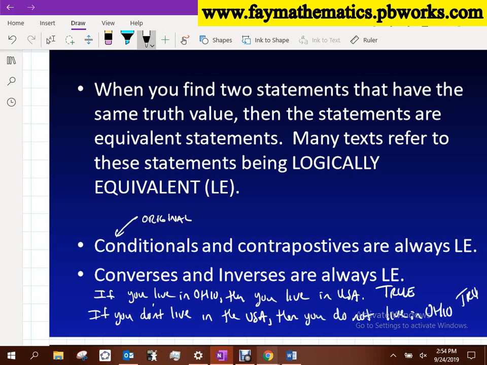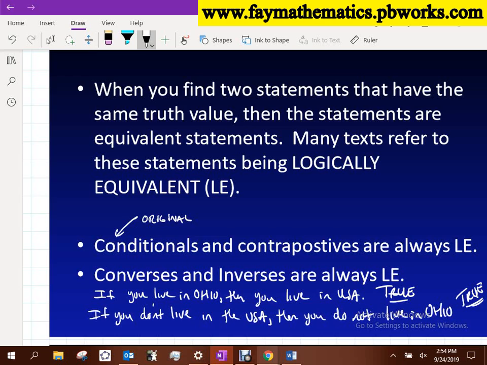Would you agree that that is also true? If you don't live in the USA, there's no way you live in Ohio, right? I knew that statement was going to be true even before I wrote it because it was the contrapositive of the original condition.